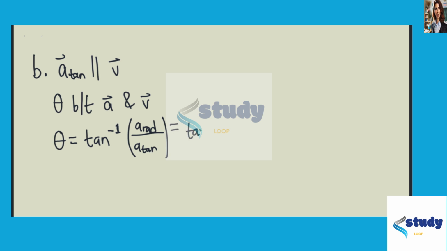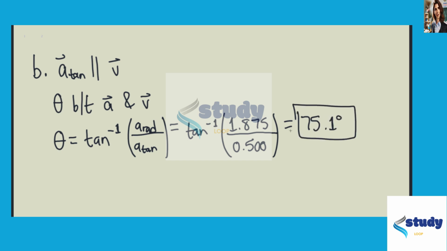So this would be arctan of 1.875 divided by 0.500, and we find that this is approximately 75.1 degrees. That is the end of the solution.